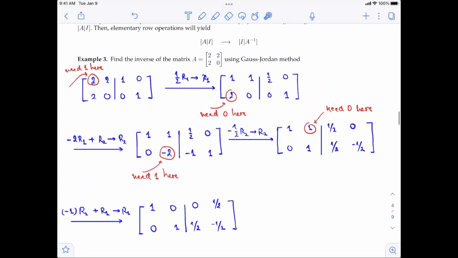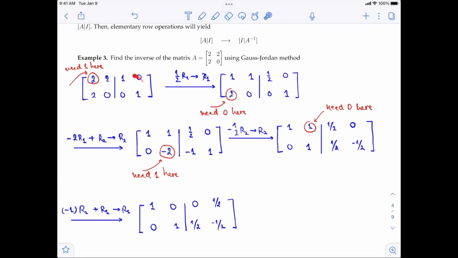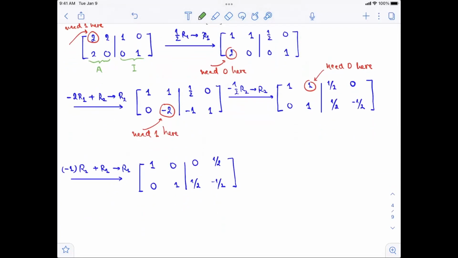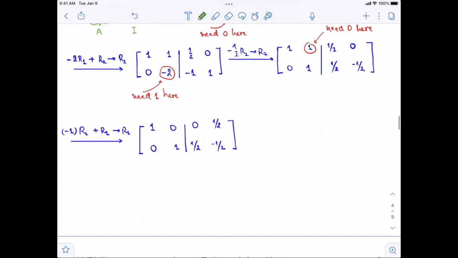So you start with the augmented matrix of this form, where this is matrix A and this is the identity matrix. After a bunch of elementary row operations, you obtain the identity matrix on the left-hand side of the vertical line and some matrix on the right-hand side.